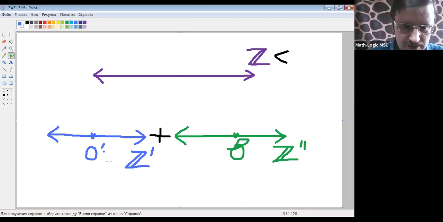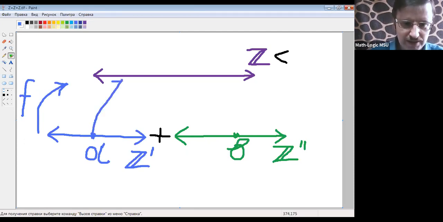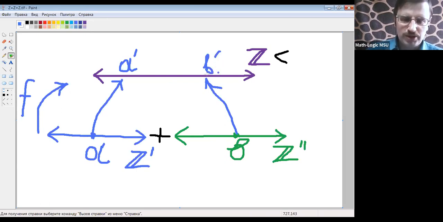Here we have A. So assume that there is a bijection that preserves order. Then this element goes to some element here, A prime, and this element goes to some element here, B prime. And now what can we say?